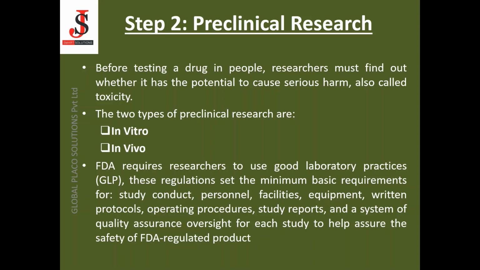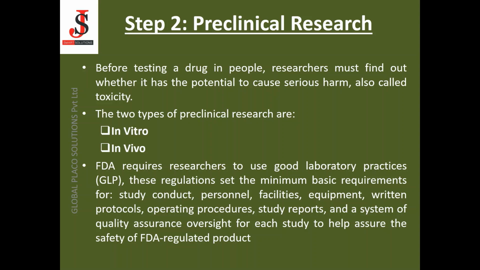FDA requires researchers to use good laboratory practices defined in medical product development regulations for preclinical laboratory studies. The GLP regulations, that is good laboratory practices regulations, are found in 21 CFR Part 58, good laboratory practices for non-clinical laboratory studies.